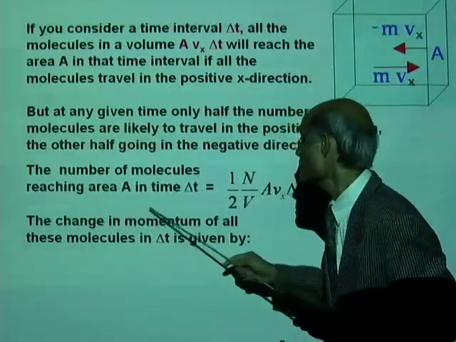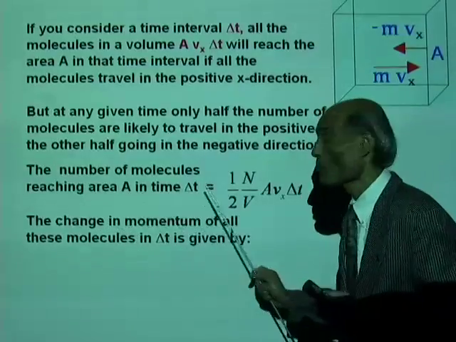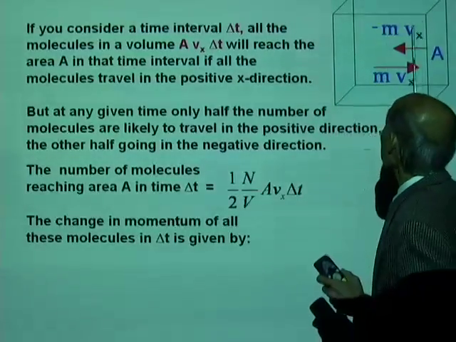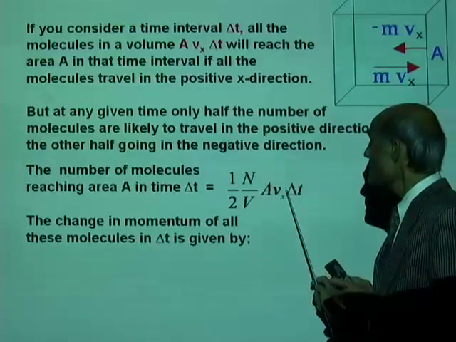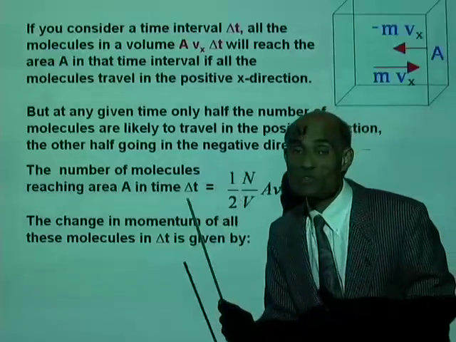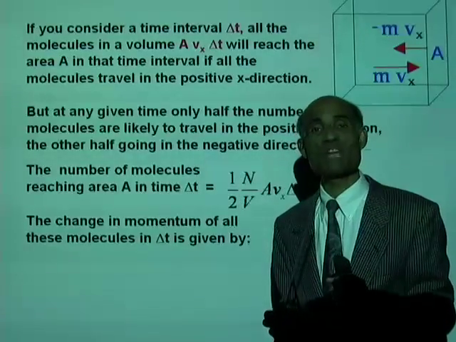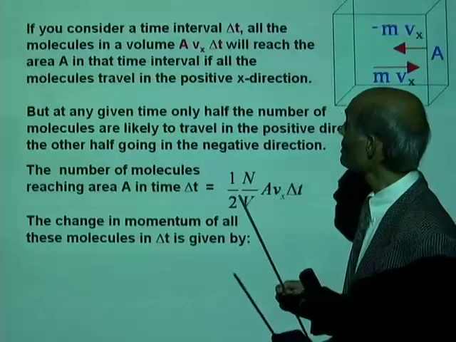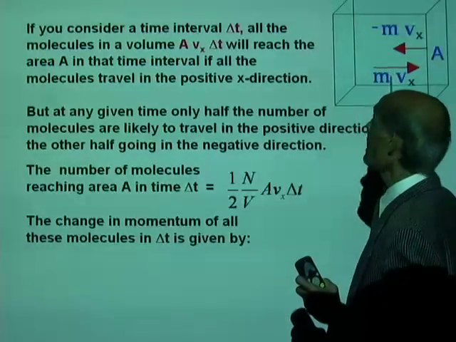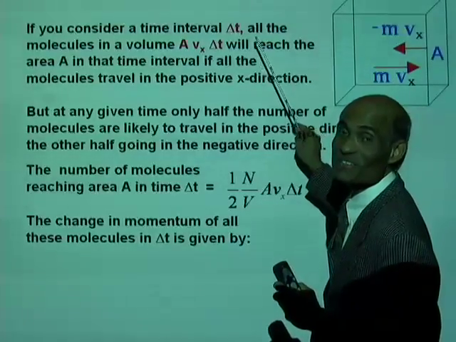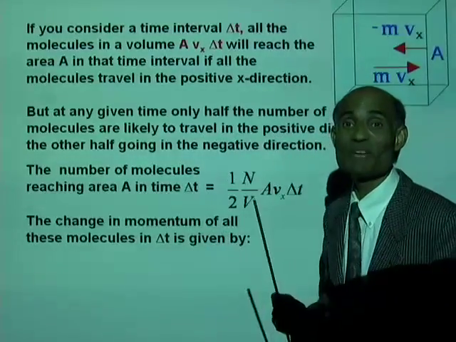Now, the change in momentum of all these molecules, this is the number of molecules that reach this area A in that small time interval delta t. And each molecule suffers a change in momentum given by how much? Each molecule suffers a change in momentum mvx minus negative mvx, which is 2mvx.